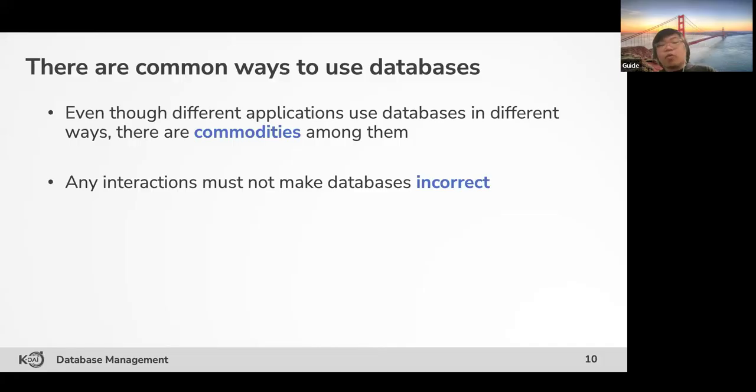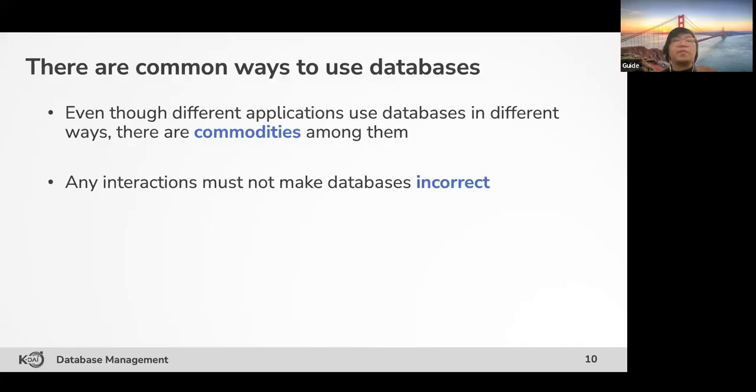But the more important thing is that, whatever applications or however they use databases, those interactions with databases must not make databases incorrect. So we have a new term here, incorrect. My question to you is, how do you know whether a database is incorrect?